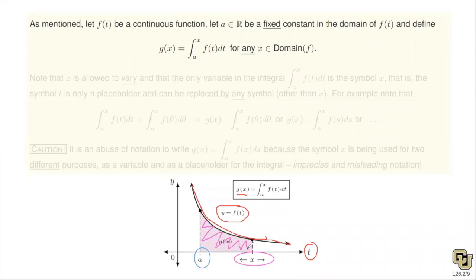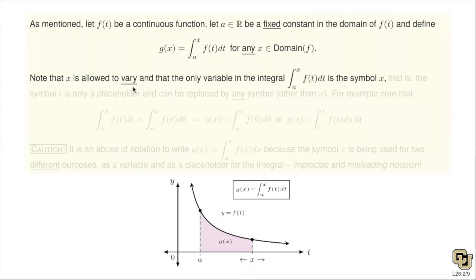So it's kind of a different way of creating functions that we haven't done before. G of x is like the net area function, if you want to call it that. Whatever x I put in here, g of x will equal the net area below f of t between a and x and bounded by the t-axis.